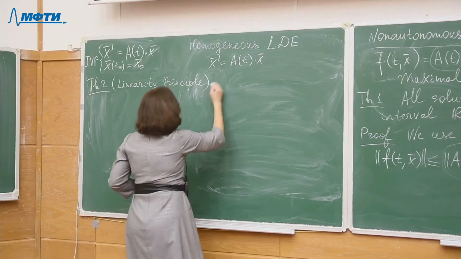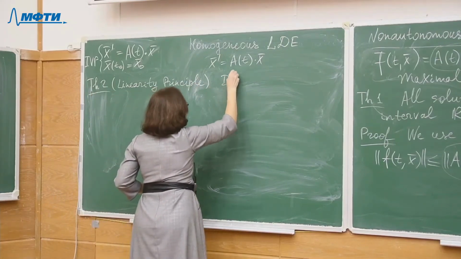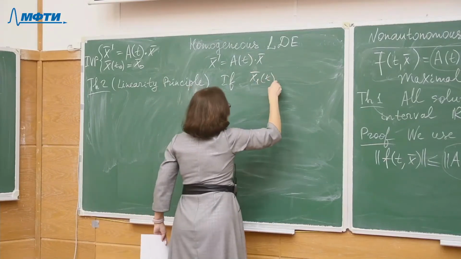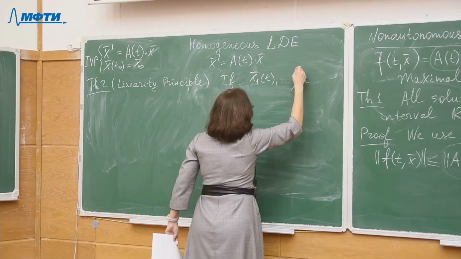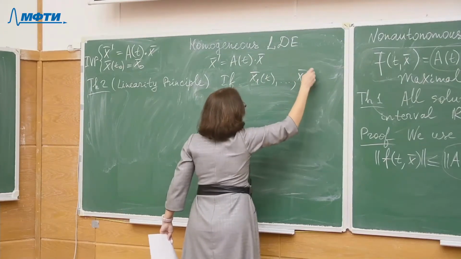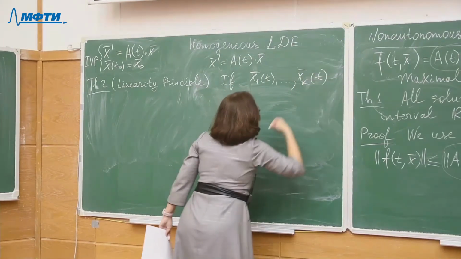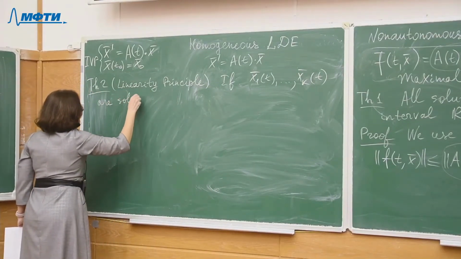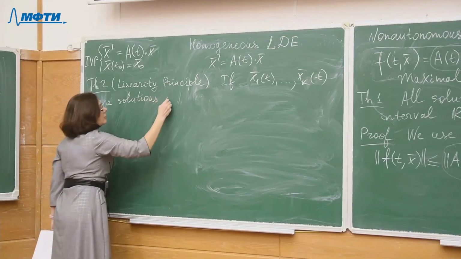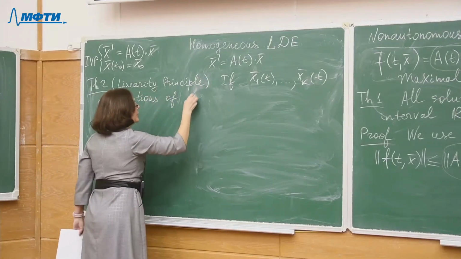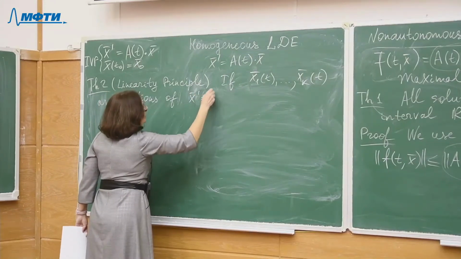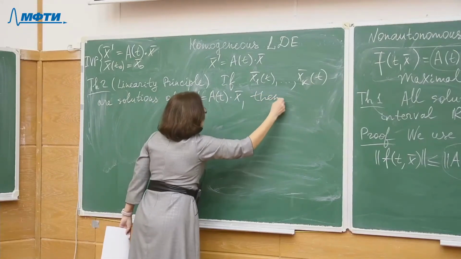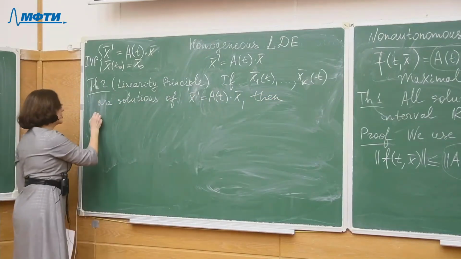It tells us that if x1 of t, ..., xk of t are solutions of our differential equation, then their linear combination is also a solution.